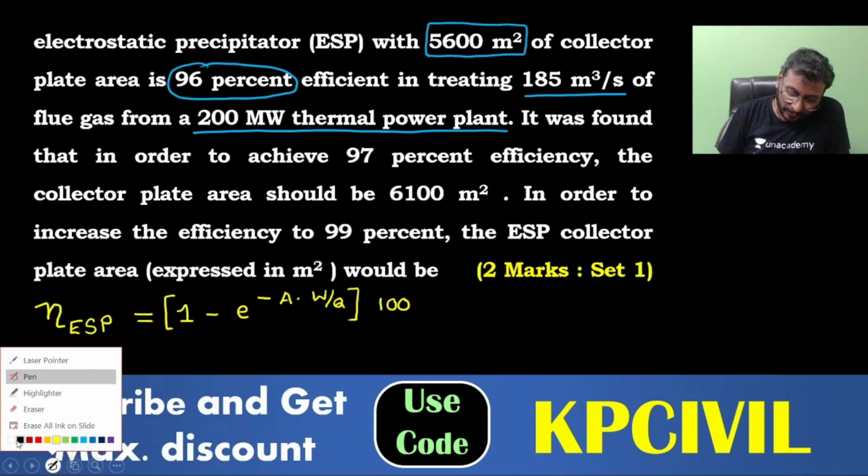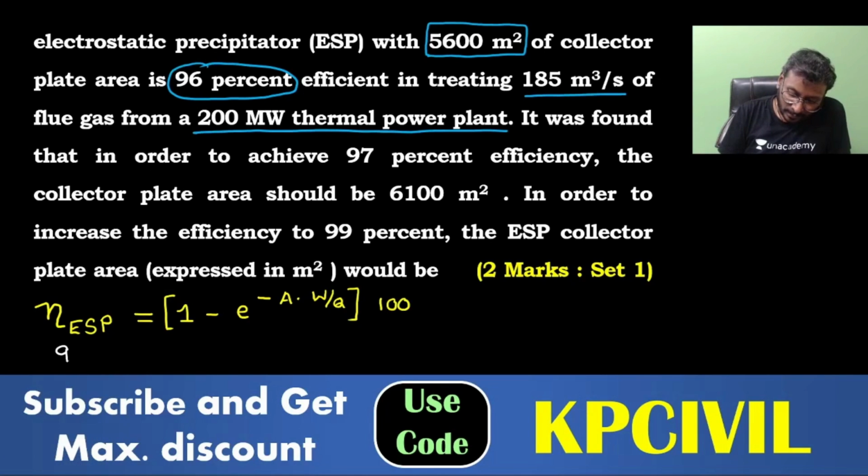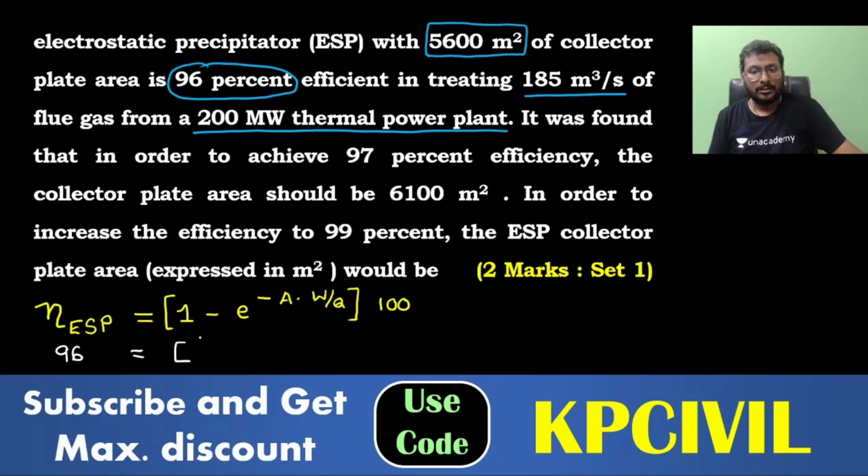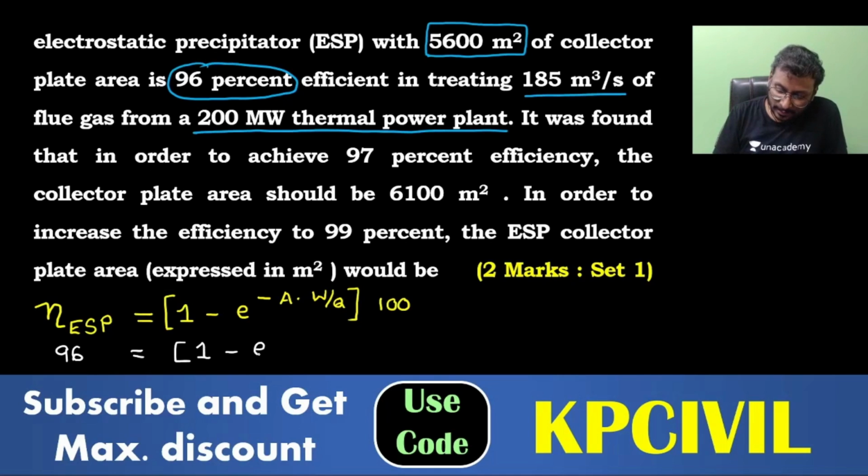So substitute given data. 96% is equal to 1 minus e power minus 5600 into W, by discharge 185, into 100.